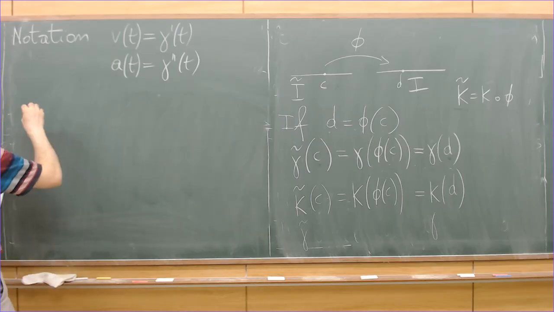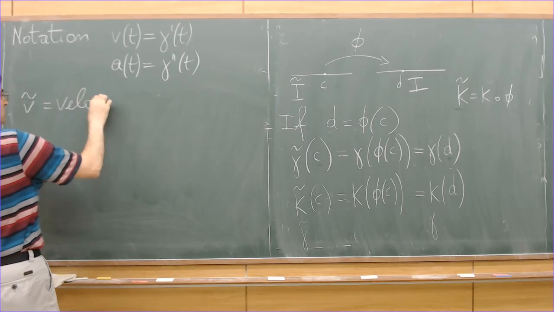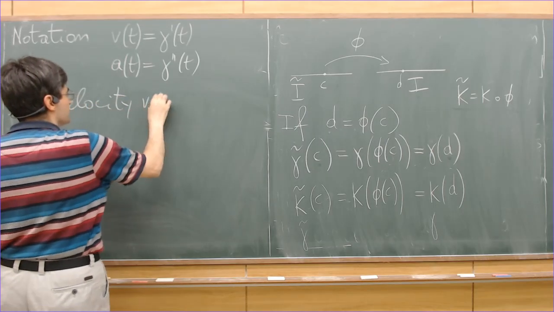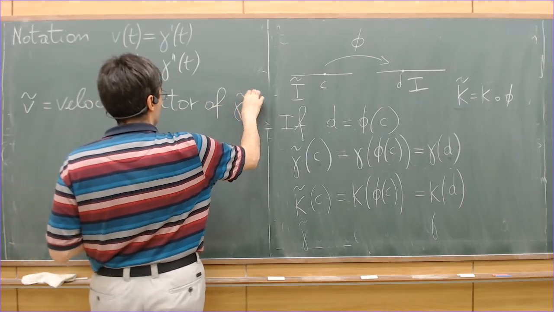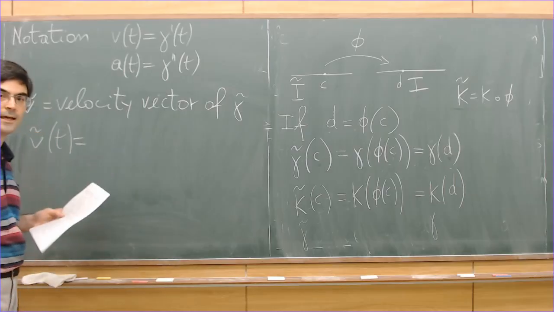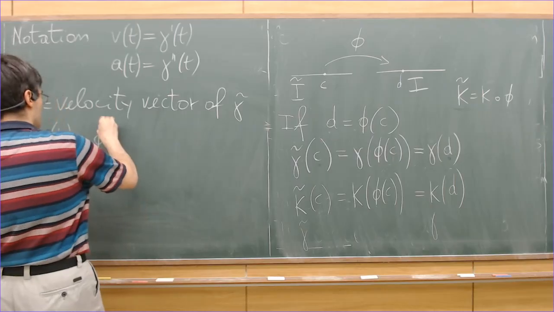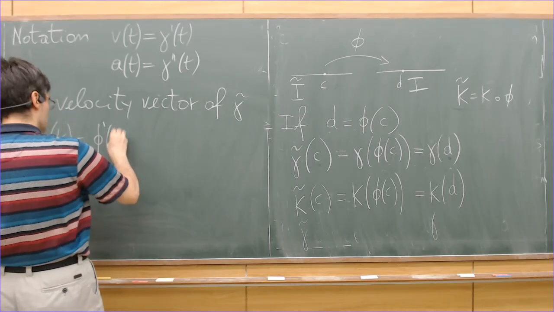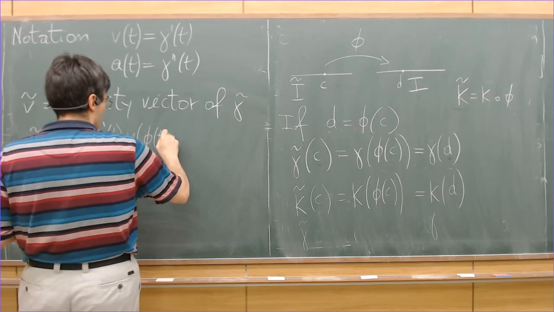You are able to compute v tilde, the velocity function of gamma tilde, and this is given by this formula, which can be easily obtained by chain rule: phi prime of t times v of phi of t.